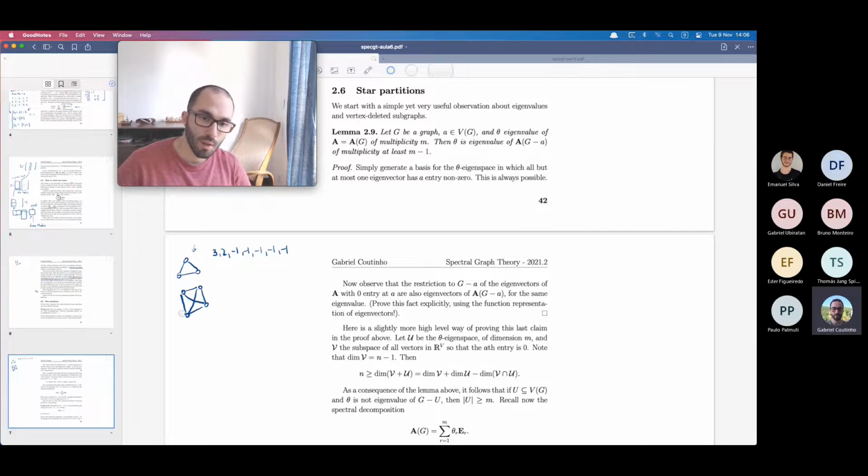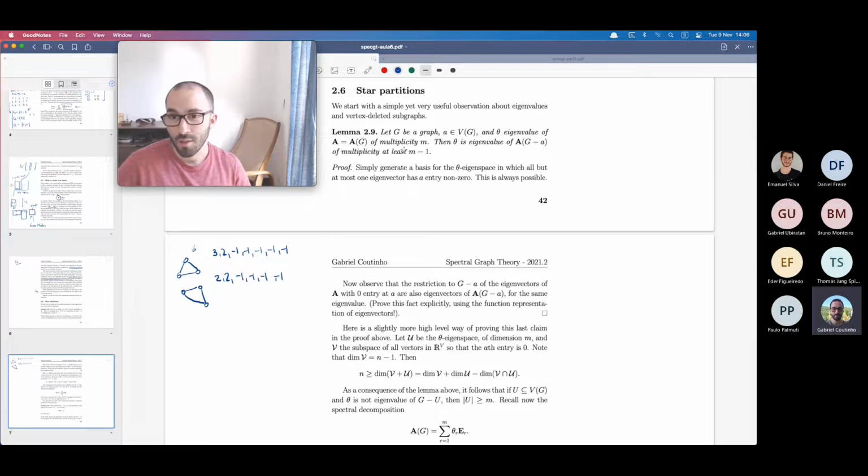Now, if I delete this vertex, the eigenvalues are now 2, 2, minus 1, minus 1, minus 1. So upon deleting a vertex, the eigenvalue multiplicity of 2 increased. And that is okay. What we can guarantee is that the eigenvalue multiplicity does not decrease by more than 1.